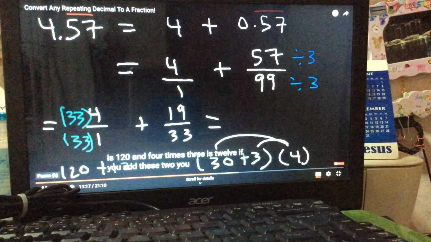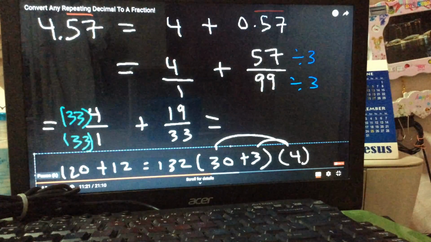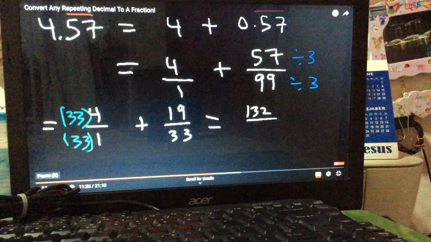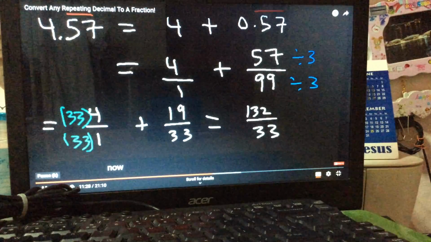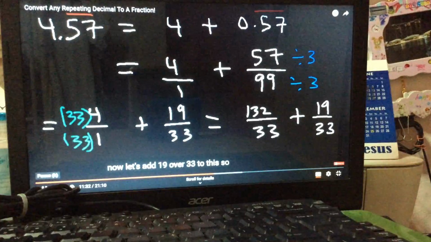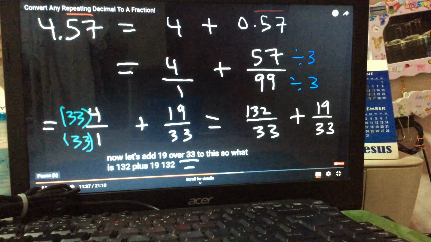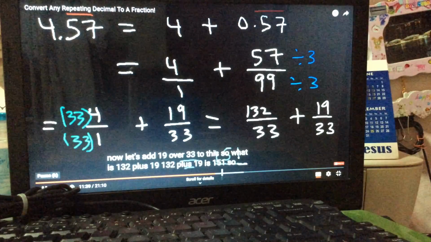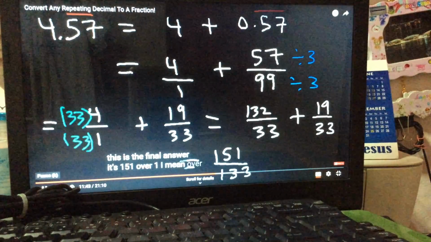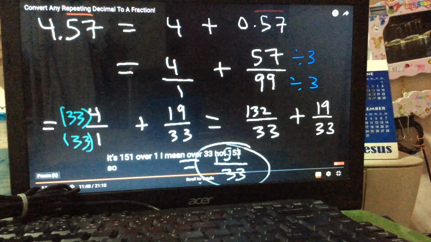If you add these two, you should get 132. Now let's add 19 over 33 to this. So what is 132 plus 19? 132 plus 19 is 151. So this is the final answer. It's 151 over 33. So that's it.